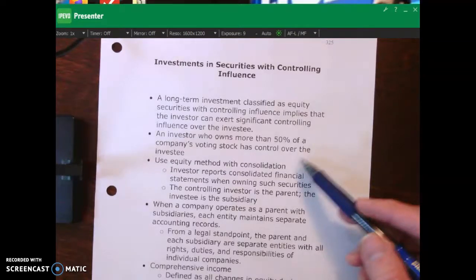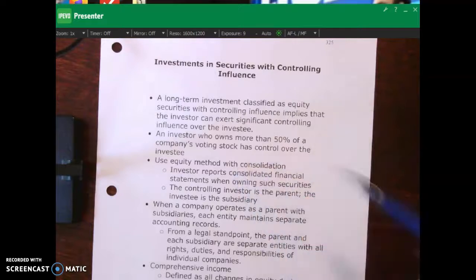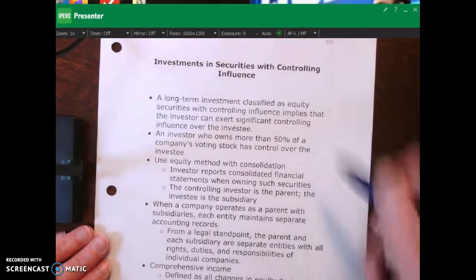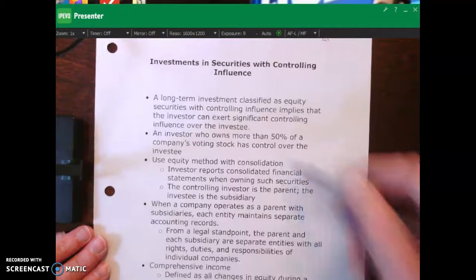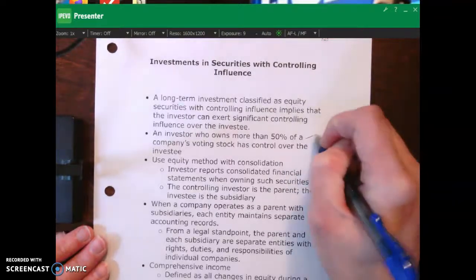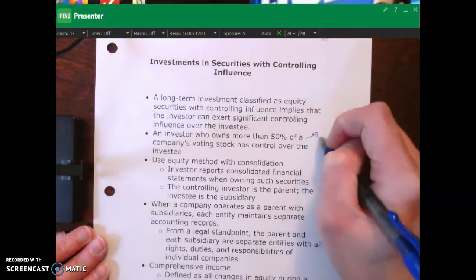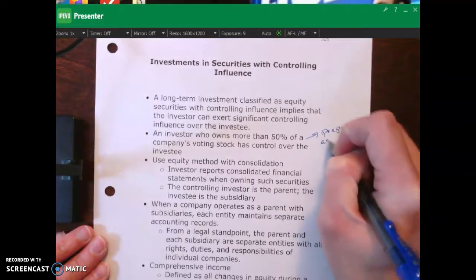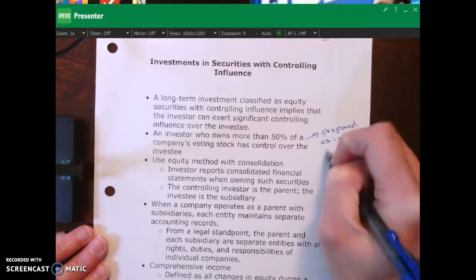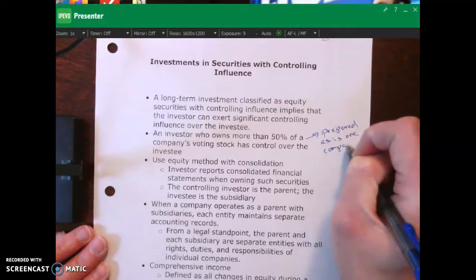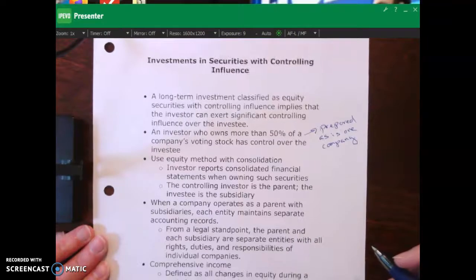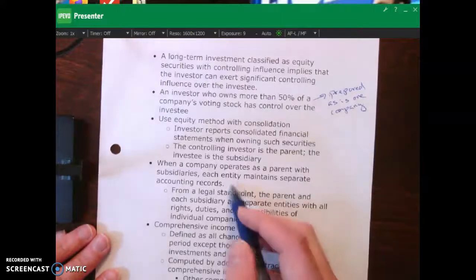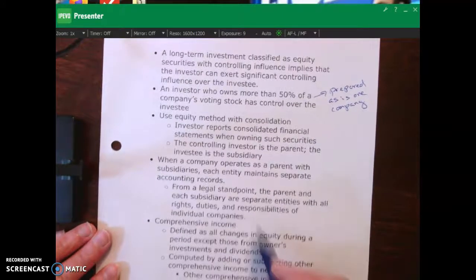So in that situation, we have to use our equity method with consolidation. Basically, what we need to know with controlling influence is that our financial statements will be prepared as if one company, as if they're all together. And that's what we say down here.